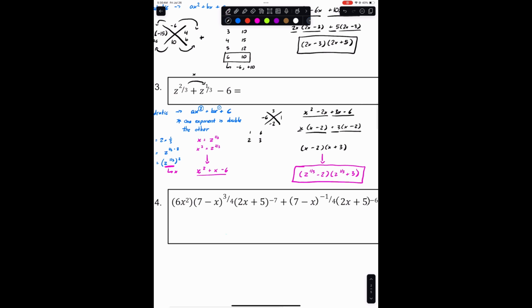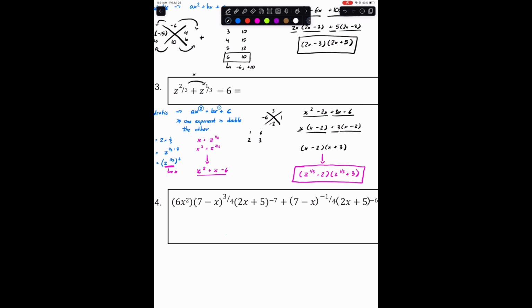So if you ever see a trinomial where the degree of one term is double the other, you can use substitution to create an actual quadratic equation. So you can use the butterfly method, and factor it.